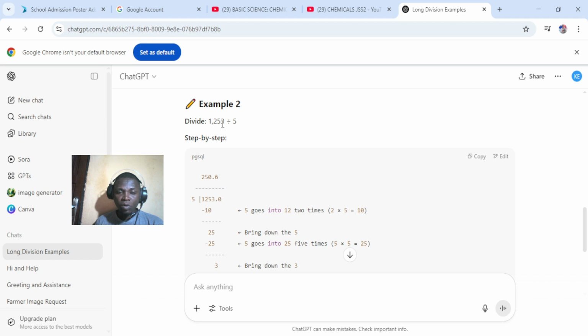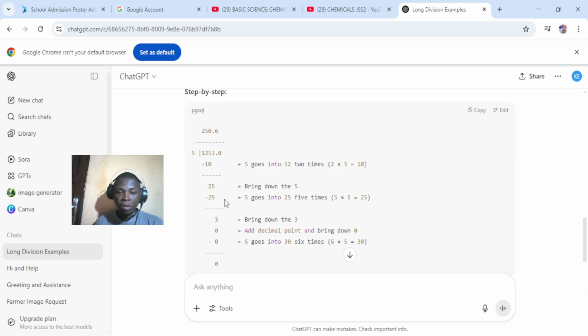Divide 1253 by 5. So we place it in a division symbol. So 5 goes into 12 2 times, which is 5 times 2, that's 10. So you bring down the 5. When you subtract, you have 2. Then bring down the 5. You now have 25. 5 goes into 25 5 times, which is 5 times 5, 25. Then you bring down the 3.